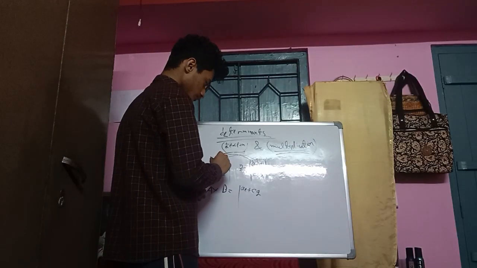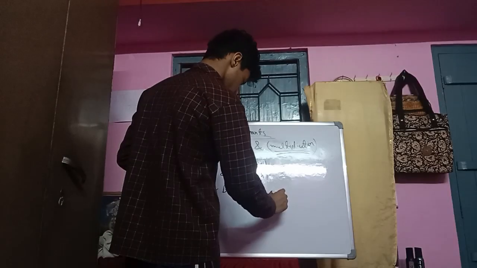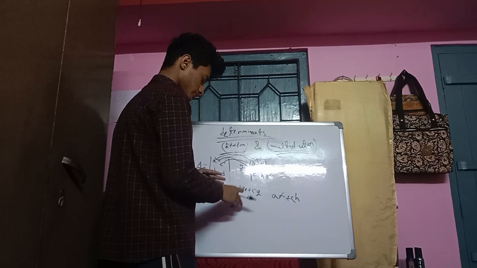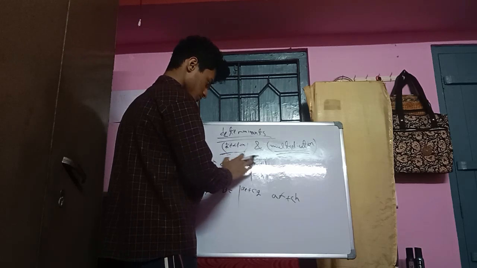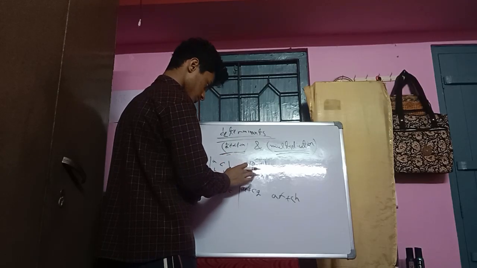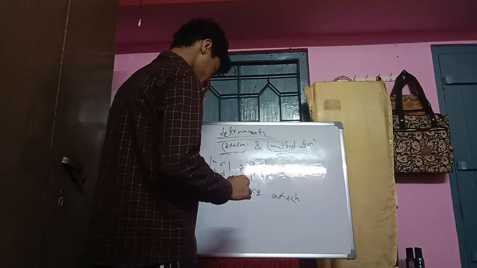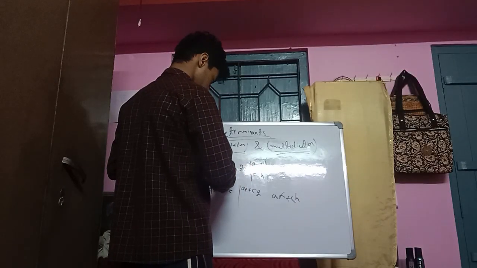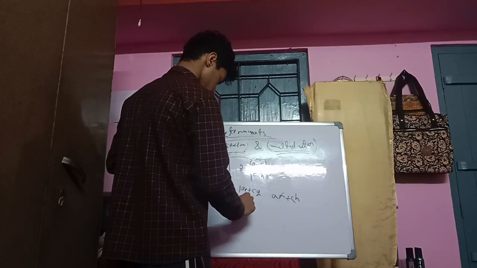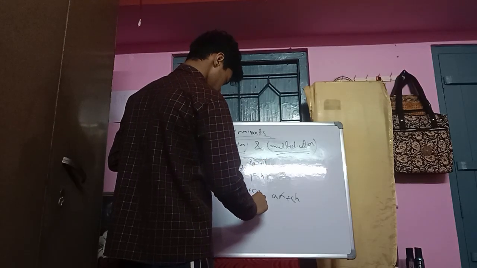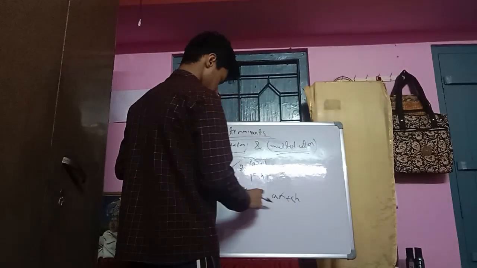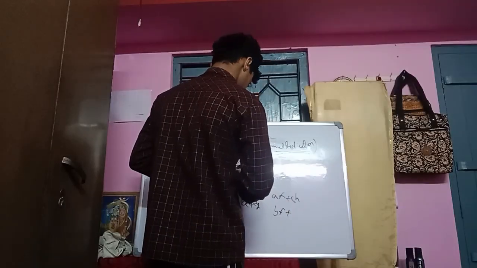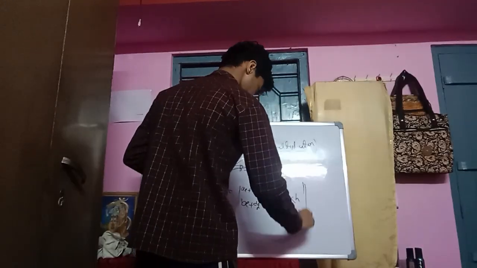The second element would be A times F plus C times H. The first element of the second row would be B times E plus D times G. The second element of the second row would be B times F, not BF, because don't get excited, plus D times H. Okay?